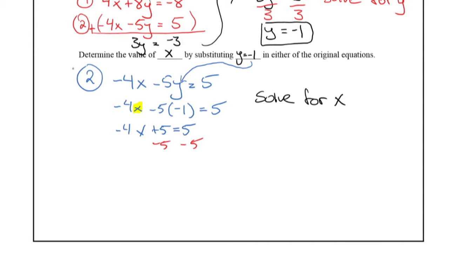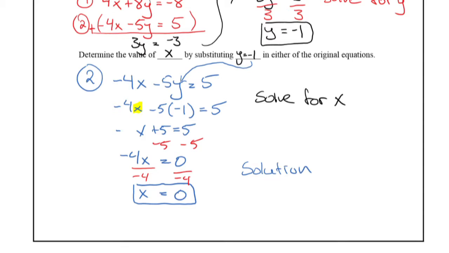Okay. Negative 4x is equal to 0. I'm going to divide both sides by negative 4, and I'm going to end up with x is equal to 0, because 0 divided by negative 4 is 0.